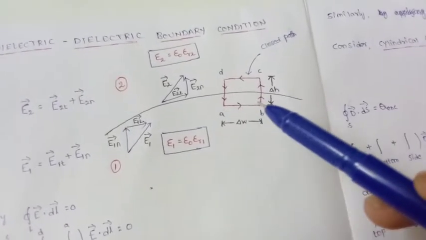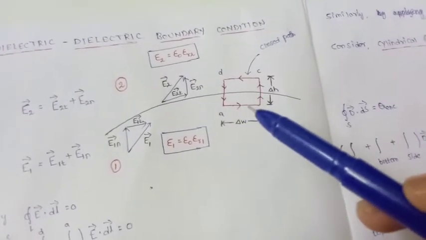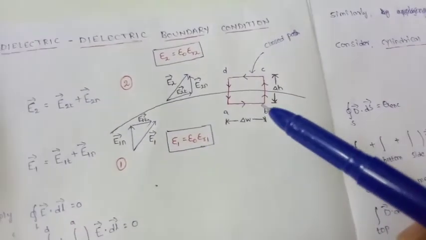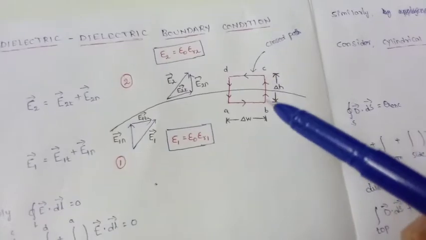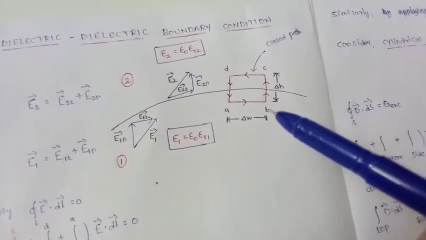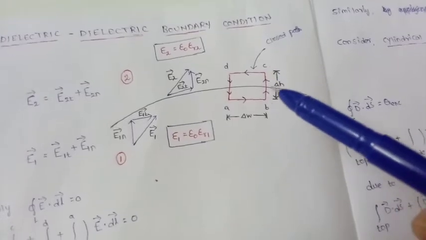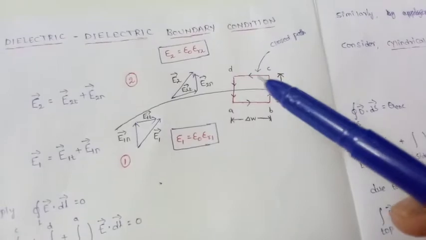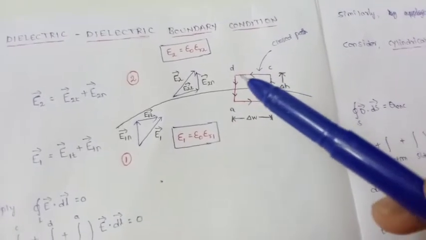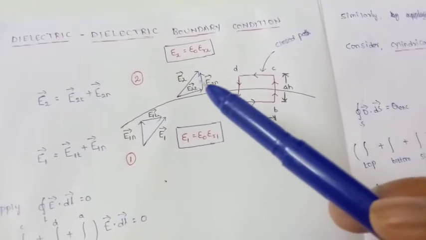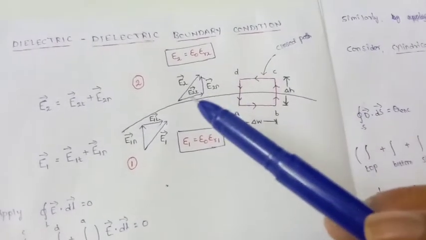If you observe A to B, what is the direction? It is a tangential direction. If you observe B to C, what is the direction? Normal direction. Since it is lying half in region 1 and half in region 2, we can split this into two parts. And C to D, it is also a tangential direction, but it is moving in the opposite direction.